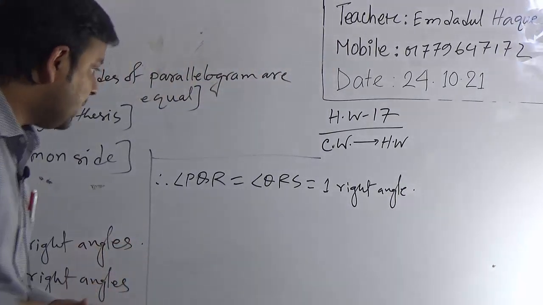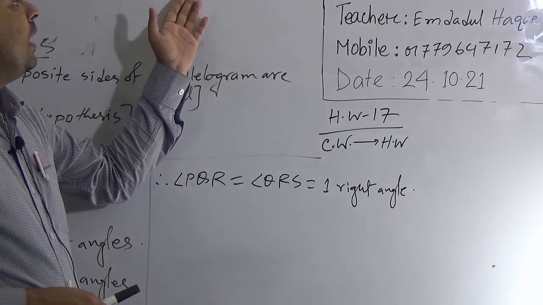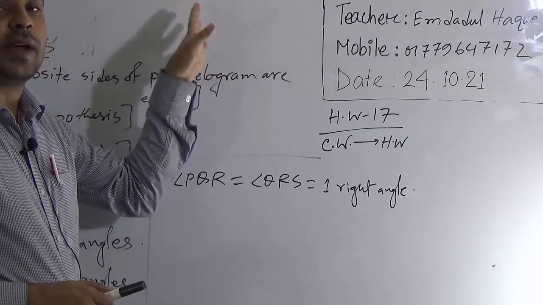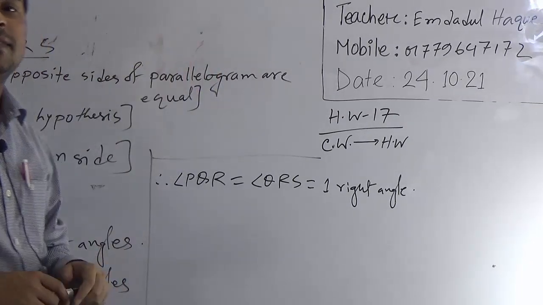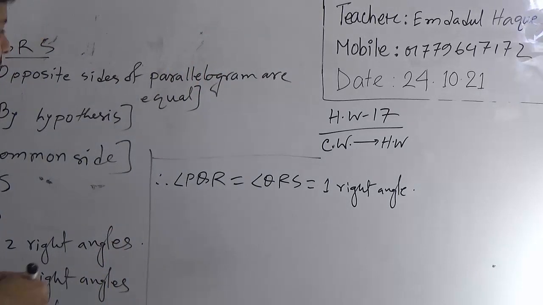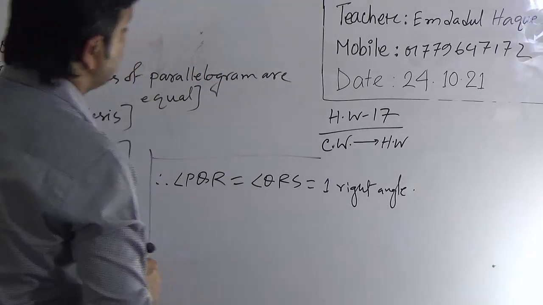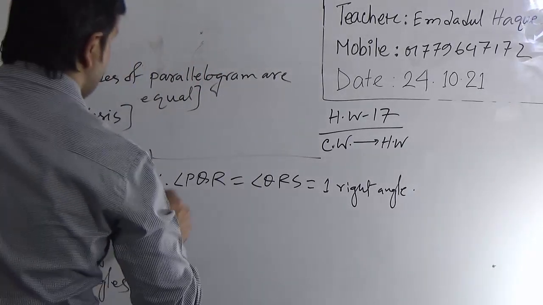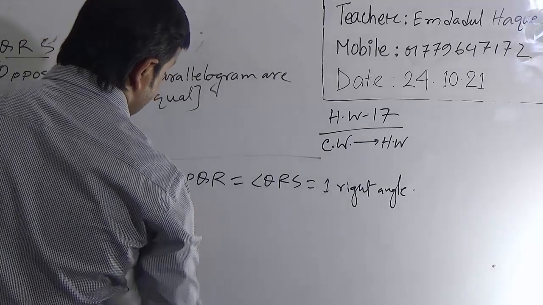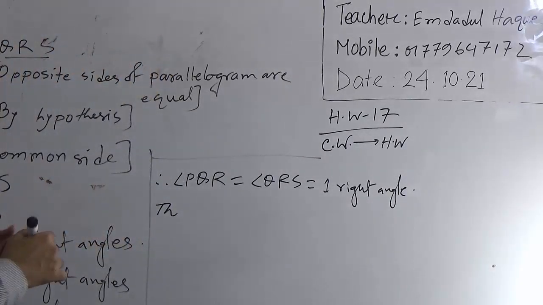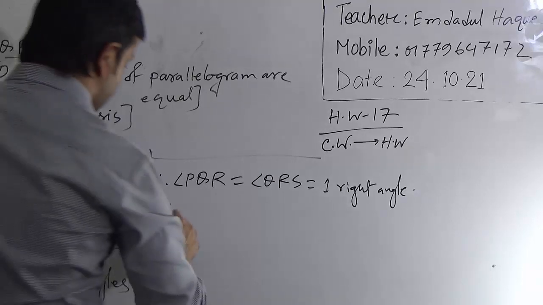Dear students, you know that if an angle of a parallelogram is a right angle, then the parallelogram is said to be a rectangle. So, therefore, we can say PQRS is a rectangle.